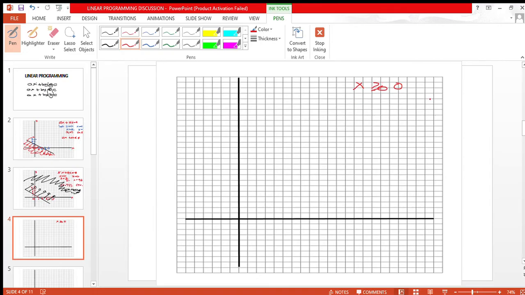And the other one, let's say we have y is greater or equal to 0. So how do we do that? That's the y-axis. That's the x-axis. This is the origin. X equals 0 is here. X equals 1, x equals 2, x equals 3, and so on. So greater or equal to 0.